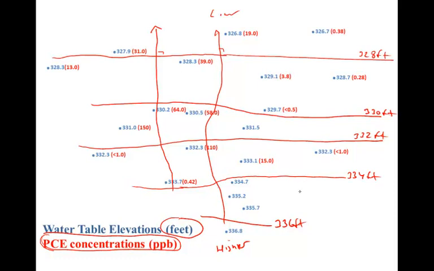By crossing contours in a perpendicular direction, we're always moving down the hydraulic gradient. So we've drawn contour lines through the map area. We've added groundwater flow lines perpendicular to those contours, representing the direction that groundwater is flowing down our hydraulic gradient.